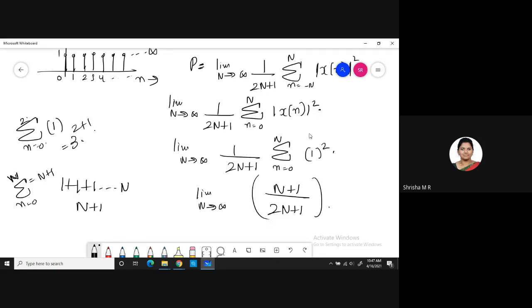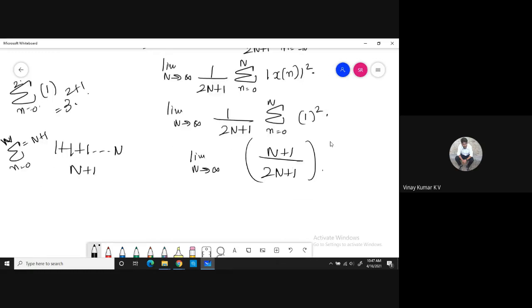Ma'am, summation of 1 is only 1, no, ma'am. Summation from n is equal to 0 to n, you have to add all the ones from 0 to n. There is no variable n, ma'am, to substitute from 0 to n. Where? One minute, I'll show the waveform and explain.